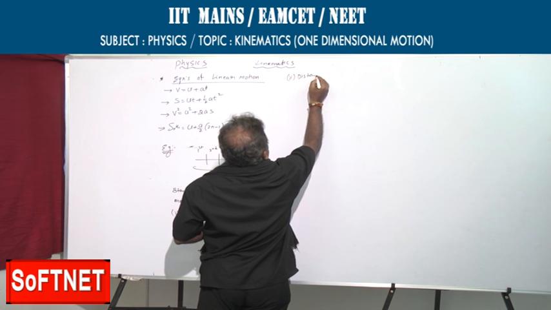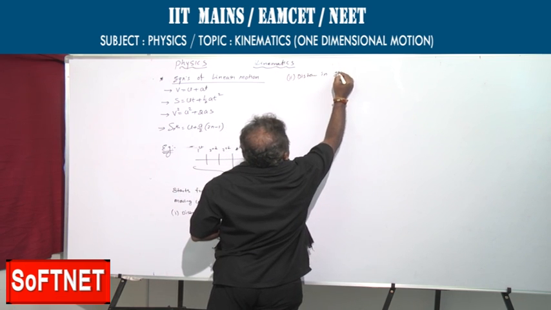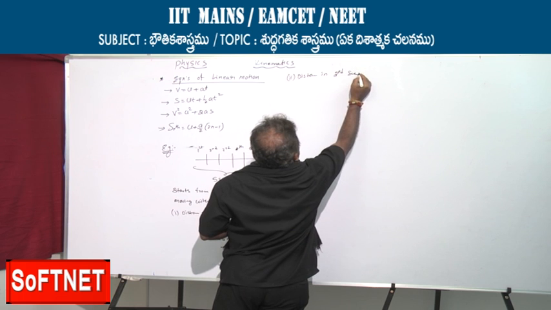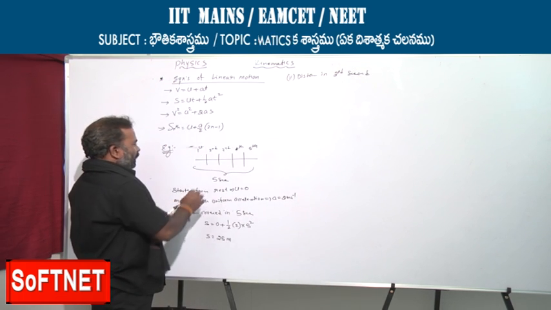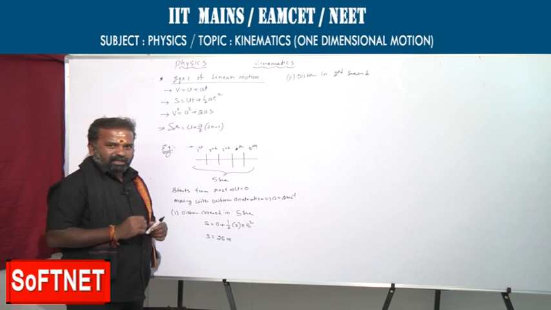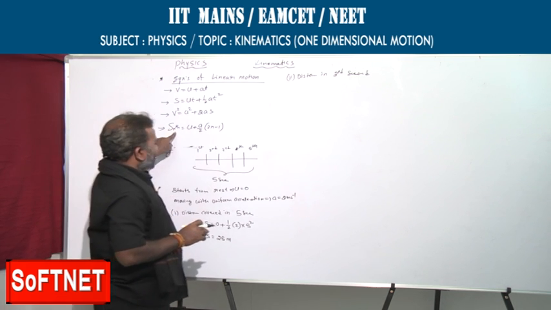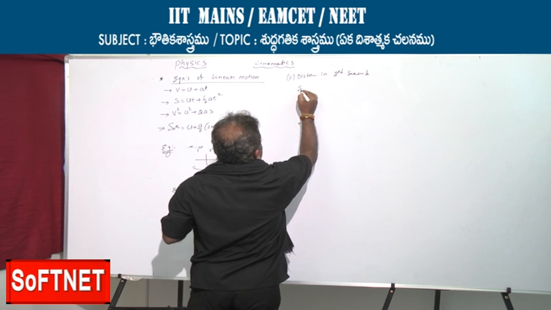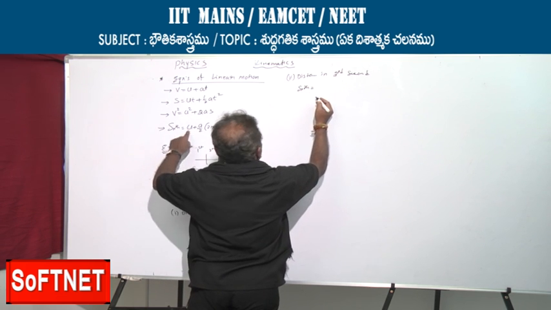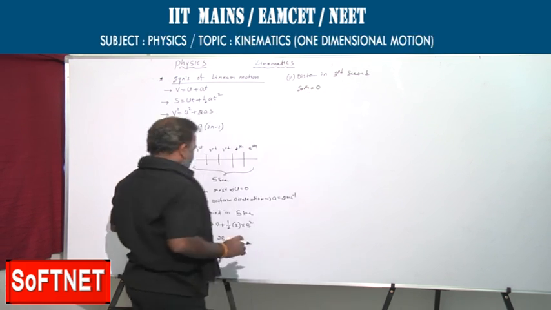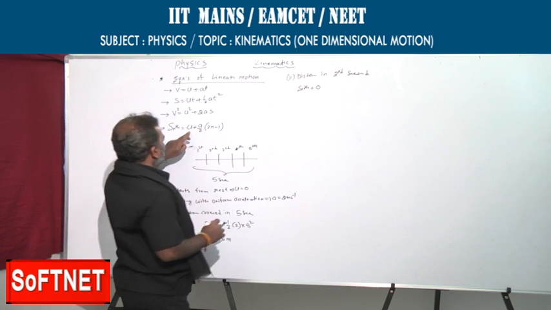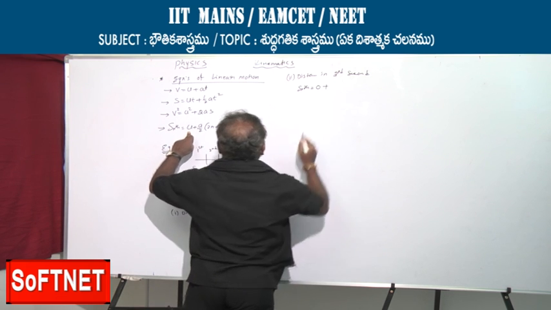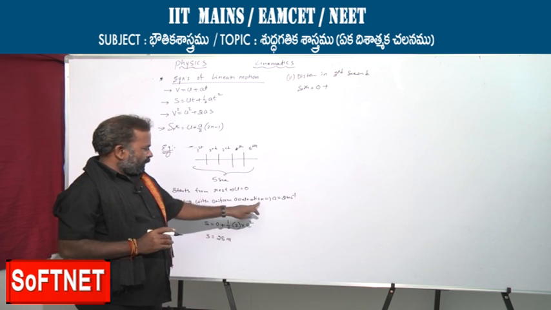Distance in second. He is asking particularly in second how much distance it has covered. So we will apply nth equation to calculate distance covered in second. U is 0, because already he said it starts from rest. U 0 plus, with what acceleration it is going?